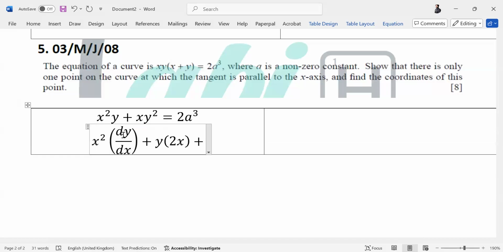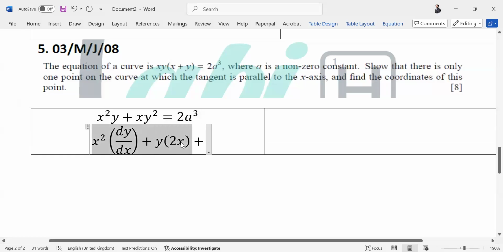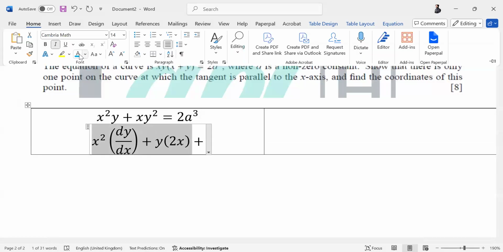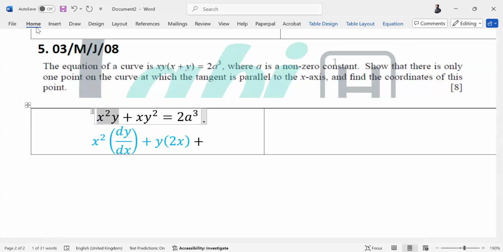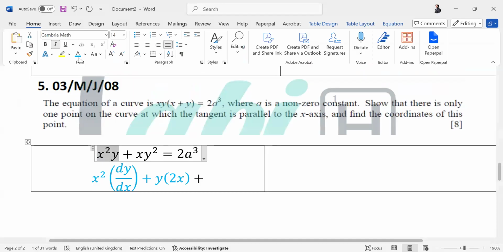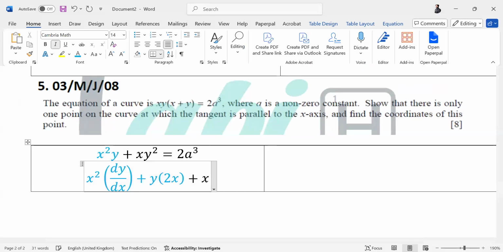And then again for what about x y square? What will we do for x y square? Again product rule. X will multiply by the derivative of y square. What will be the derivative of y square? एक चीज मिस कर गया.